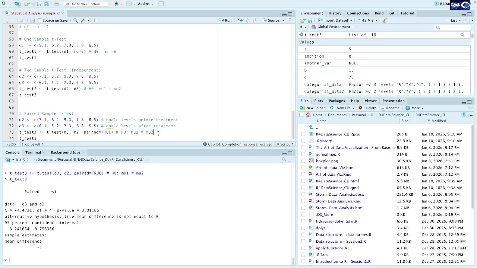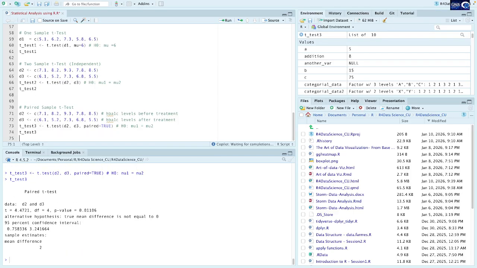So we have the hypothesis test, t.test of D3 and D2, paired. We'll put it this way, D3 and D2, before and after, checking if there is any significant difference.